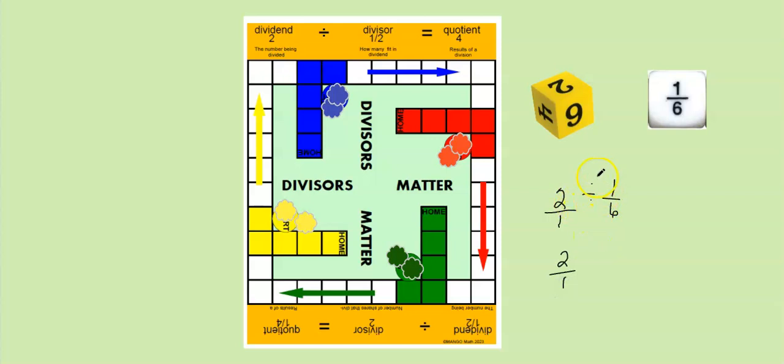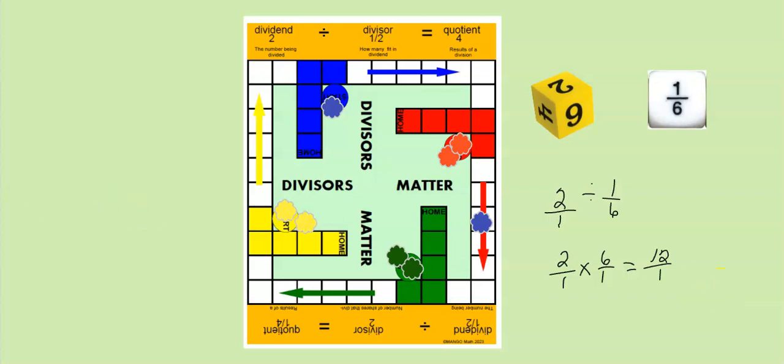We're going to switch the division to multiplication, and we're going to flip the other fraction. So now we multiply across and we have 12 over 1, or just 12 as a whole number. So the blue player will move their pawn forward 12 spaces.